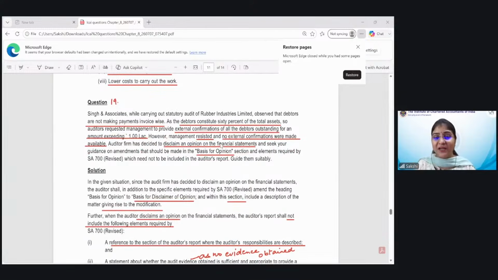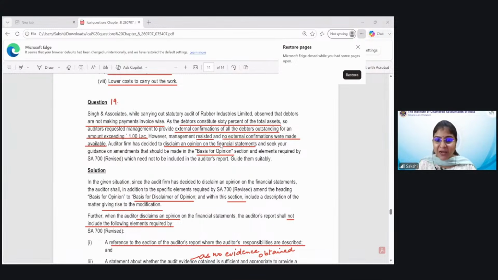Singh Associates, while carrying out statutory audit of Rubber Industries Limited, observed that debtors are not making payment invoice wise, as the debtors constitute 60% of the total assets. So, auditors request the management to provide external confirmation from all debtors outstanding for an amount exceeding rupees 1 lakh.